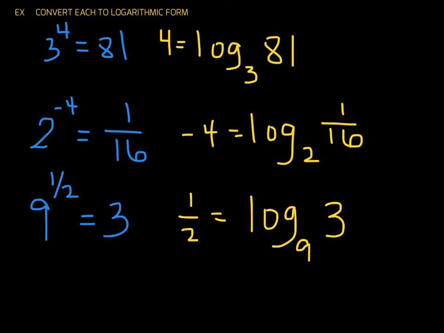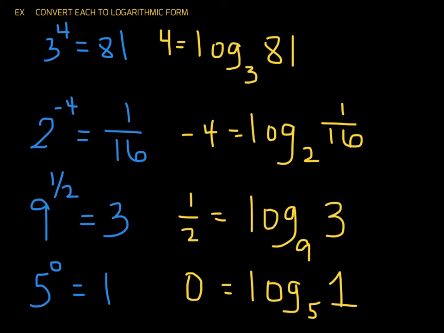All right, good job. Let's do one more. We have 5 raised to the 0th power gives me 1. The exponent 0 is the exponent to which I raise the base 5 in order to get 1. Good job, everybody.